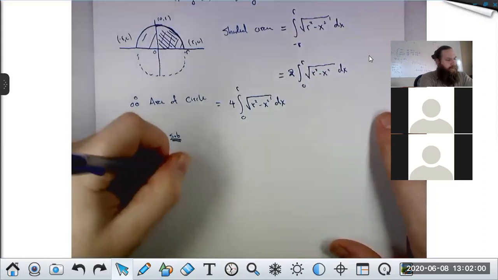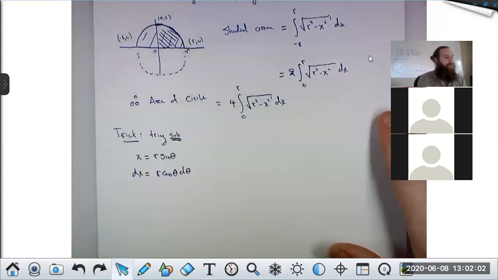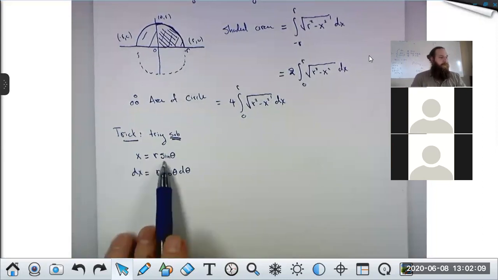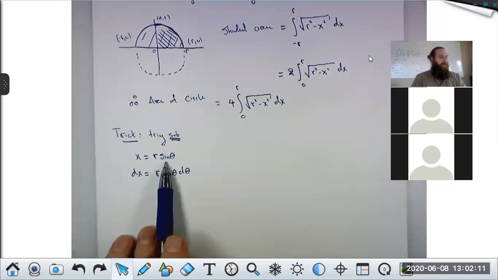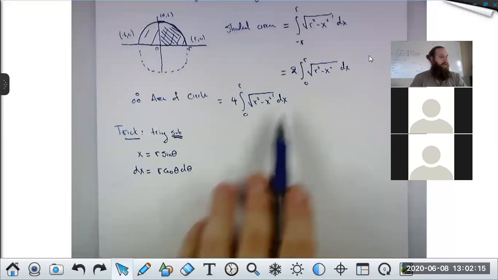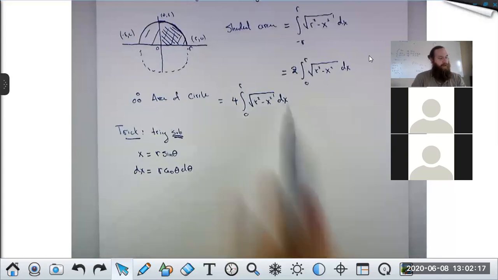So dx is r cos theta d theta. Another nice thing about trig sub, since I'm using my old variable equals a function of my new variable, I don't have to force the differential in. I'm just going to plug in r cos theta d theta for dx. So trig sub is, in a sense, easier.